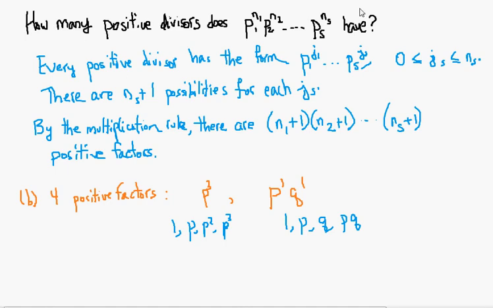Let me do one more along these lines just to get some practice. So for part E, the question is, we want to have 8 positive factors, and we also wish to have exactly 2 prime factors.